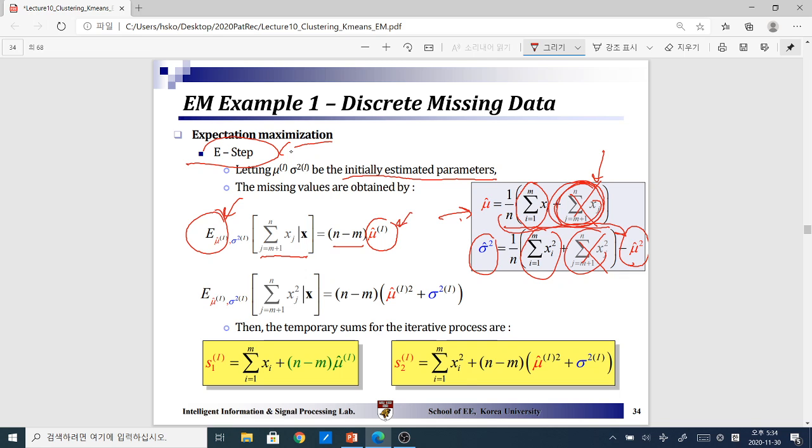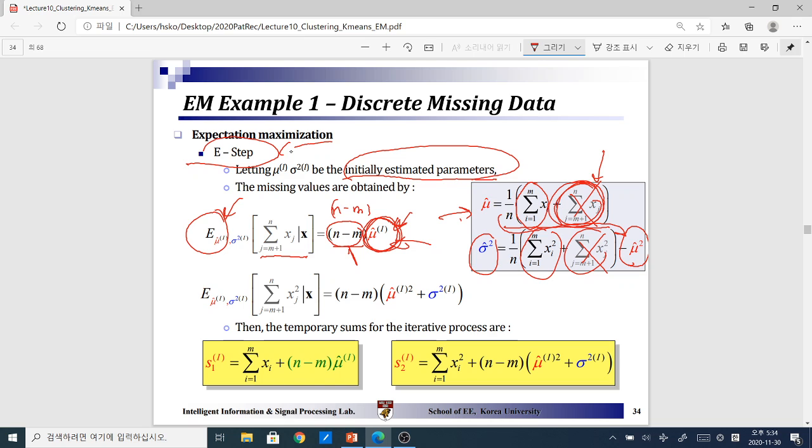Assuming that the mean is known, then we can multiply the mean times that number of indices that overlaps with the missing samples. So that would be n minus m. So n minus m is multiplied by an assumed mean, which is going to be this. That assumed mean is the initially assumed parameter value.